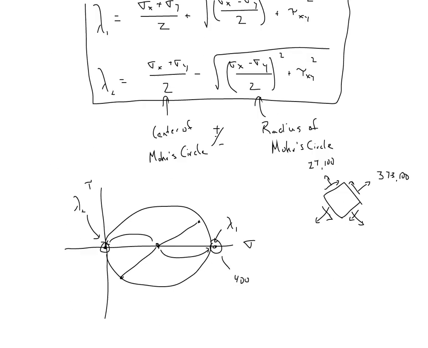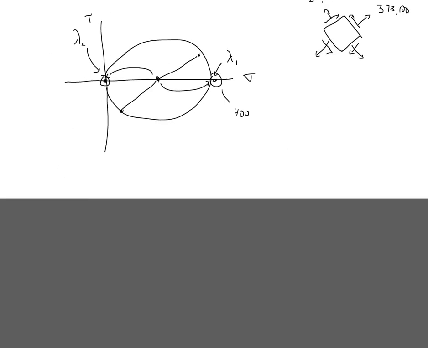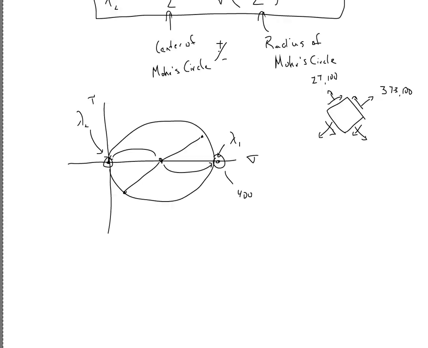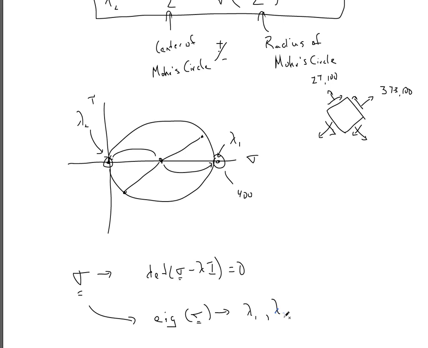Rather than trying to solve the determinant of the stress tensor minus lambda set equal to 0 by hand, I have this alternative in MATLAB where I just type in eig, and it's going to tell me what lambda 1 and lambda 2 are.